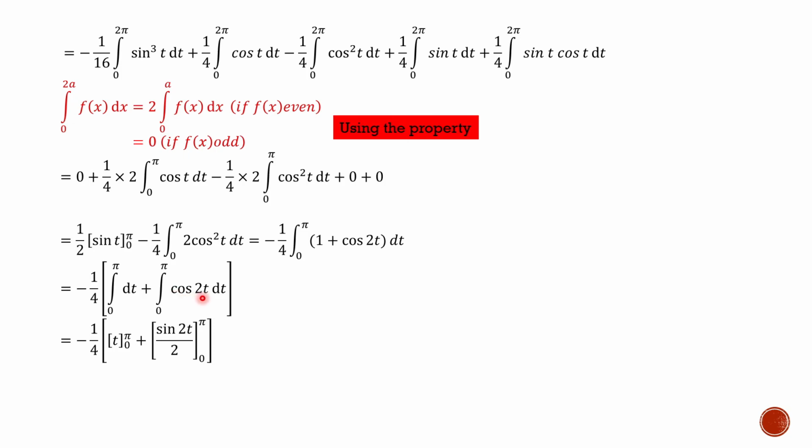We integrate cos 2t to get sin 2t over 2, with limits 0 to π. Then we insert π into t minus 0, so we get π. For sin 2t over 2, we insert π and get 0, then we insert 0 and get 0. So the answer is −π/4.